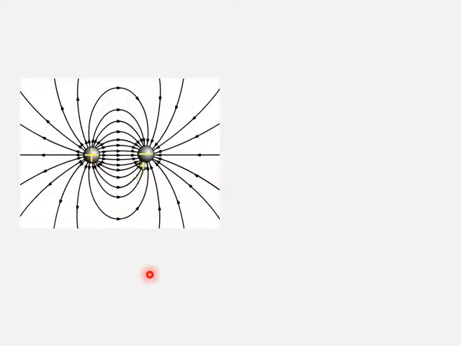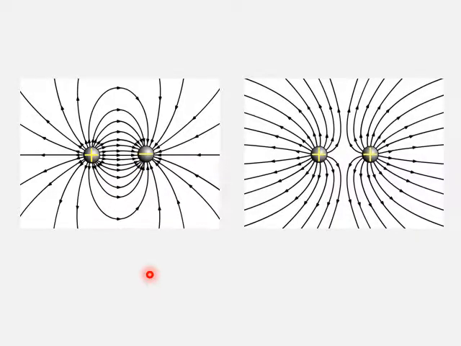What if we have a system of two like charges? That can also be represented like this. See, in this diagram, here we don't have any electric field line. What does it mean? If we place any charge here, it will not experience any force, because the influence of this charge and the influence of this charge will both be the same in this region, so any charge placed here will experience zero resultant force.